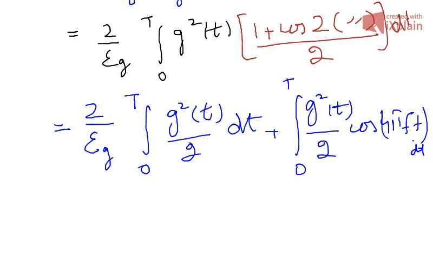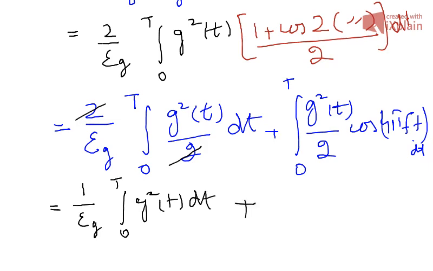Now from this, these two actually cancel out, so you will be left with 1 over Eg, 0 to capital T g square t dt. This other term is again a sinusoid multiplied with some constant. Usually if you take it over a period, it turns out to be 0.